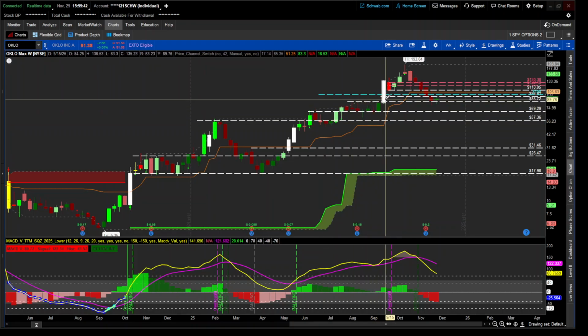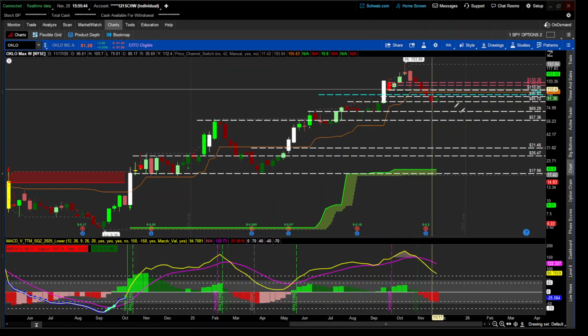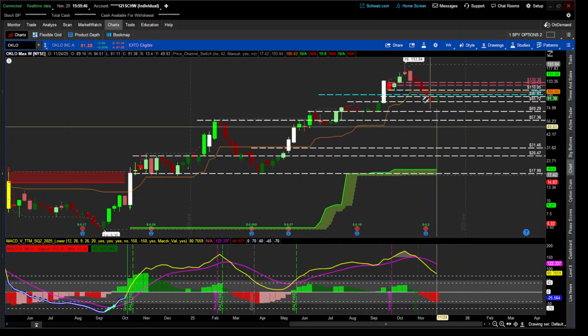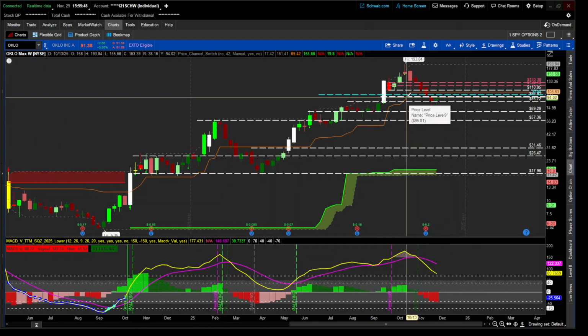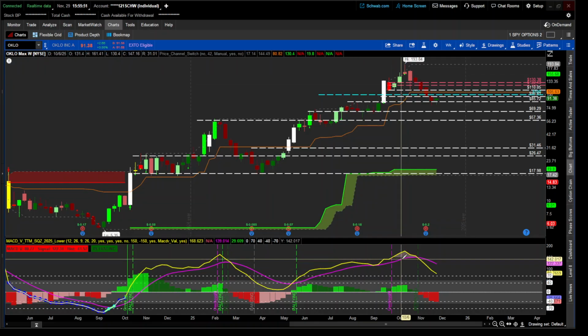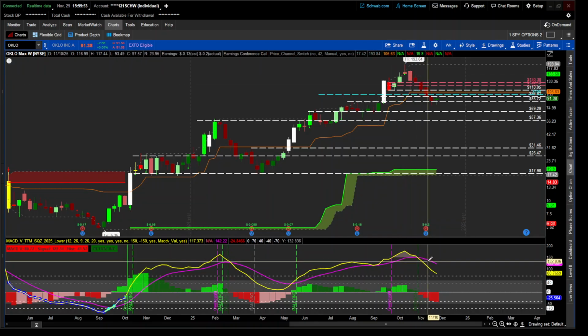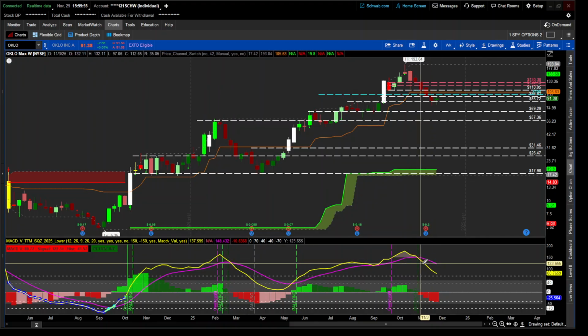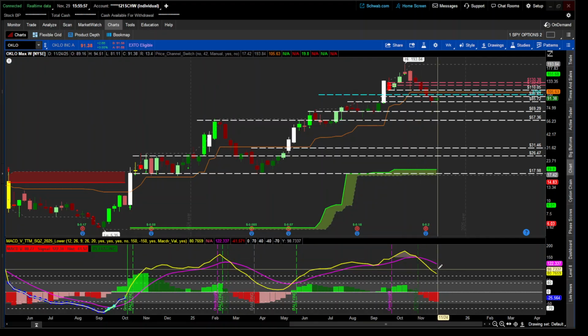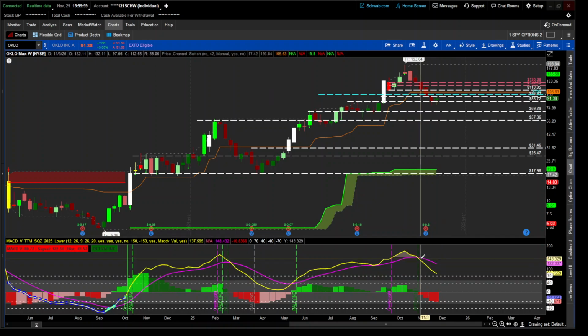I bought it way up here and made some money. I also lost some money too. But for the most part, it was overbought in this area. Now it's still trending down on a weekly, and it's still retracing. So that's Oklo.